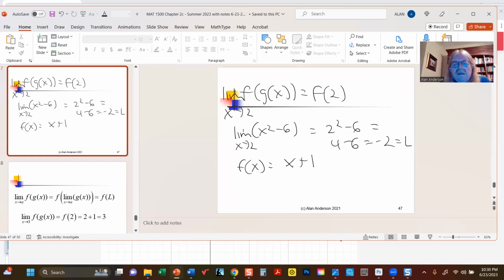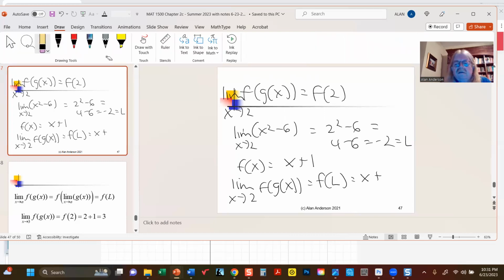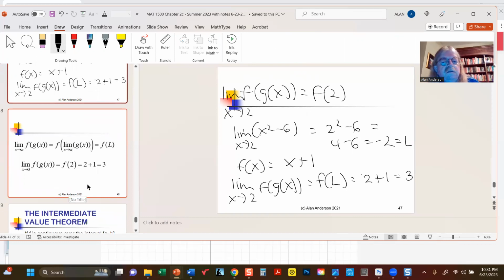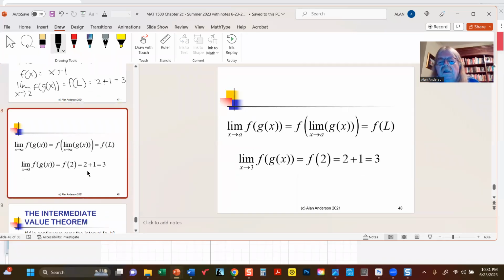So therefore, the limit of this composite function, since f of x is x plus 1, would be 3. All right.